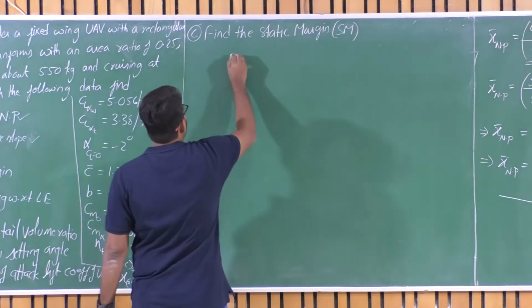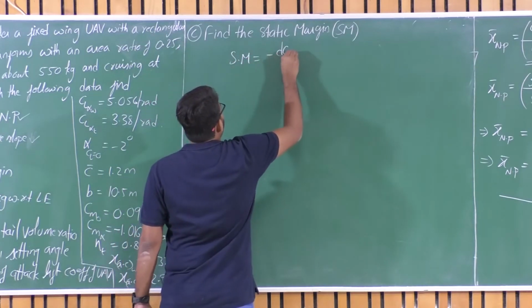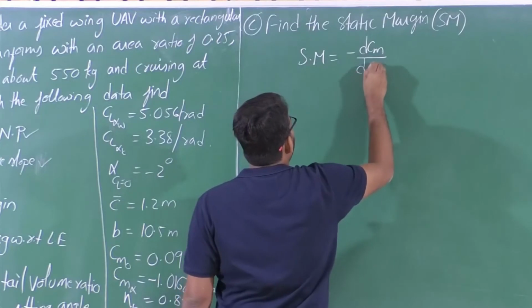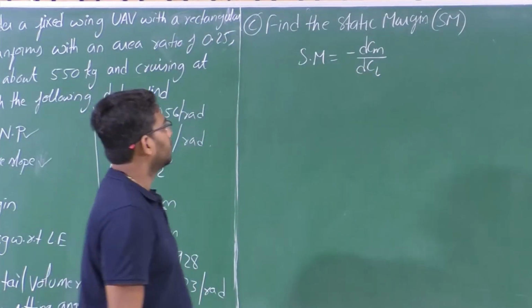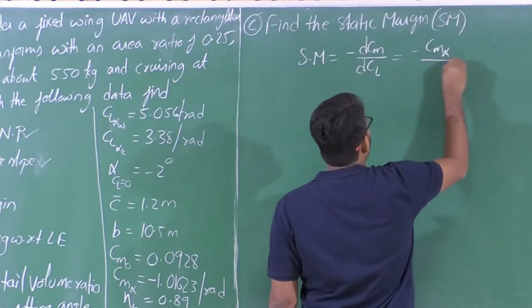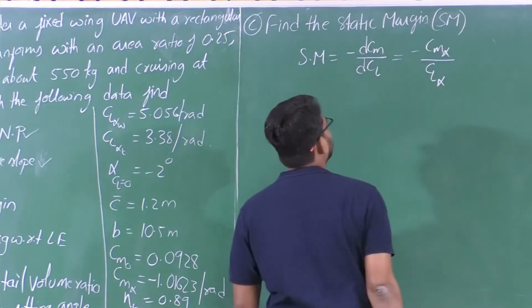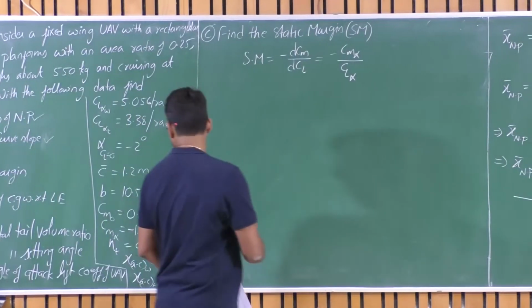Static margin is equal to minus dCm upon dCL, which is equal to minus Cm alpha upon CL alpha of the total aircraft. And CL alpha of the entire aircraft is known. It's easy to find the static margin, right?